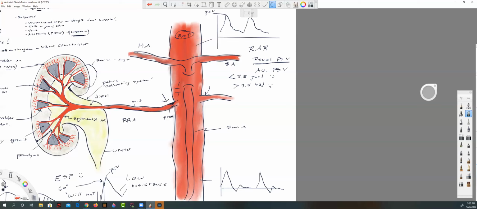So the first part of the exam, I'll just repeat, let's do a different color here so we can see this. We take basically 1, 2, 3, 4 measurements, more if needed.